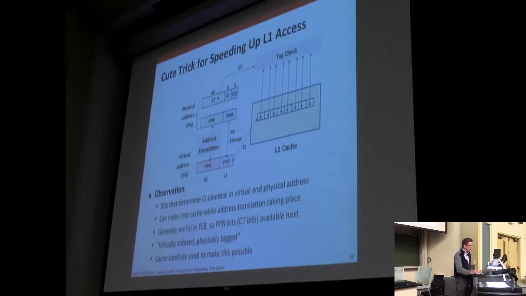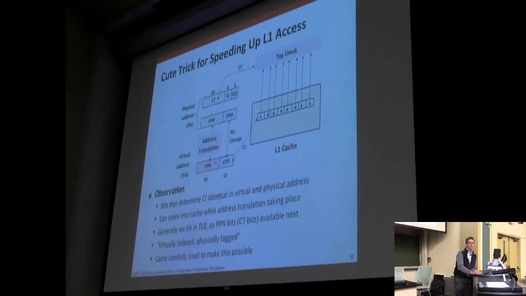So in reality, what happens? We're given a virtual address. The index and offset bits in the physical address exactly correspond to the PPO in the physical address, which is exactly identical to the VPO in the virtual address.